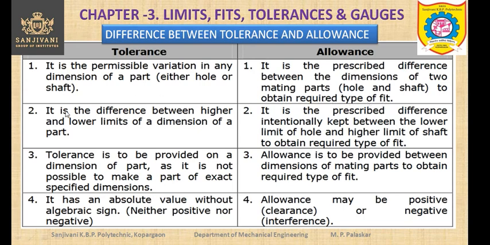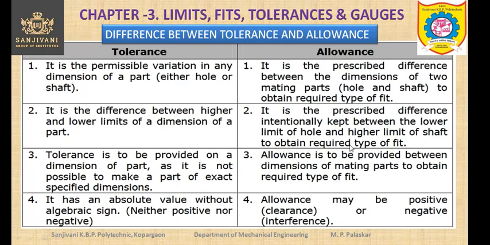The second difference is the difference between higher and lower limits of a dimension of a part. Tolerance is nothing but the difference between higher limit and lower limit for a dimension of a part. But allowance is the prescribed difference intentionally kept between the lower limit of hole and higher limit of shaft to obtain the required type of fit. So allowance is kept intentionally.